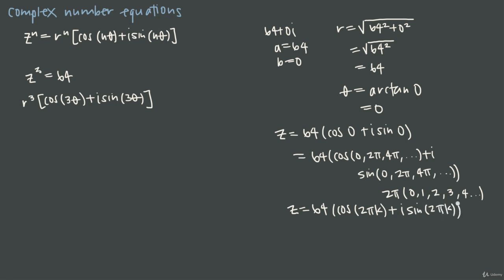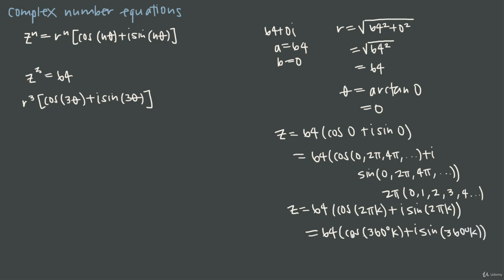This equation is obviously given in radians, but we could also express this in degrees. We could say 64 times cosine of 2 pi, which is the same as 360 degrees, so 360 degrees times k, plus i sine of 360 degrees times k.